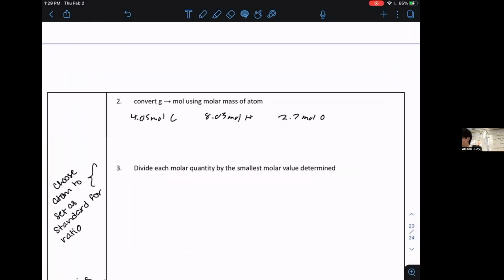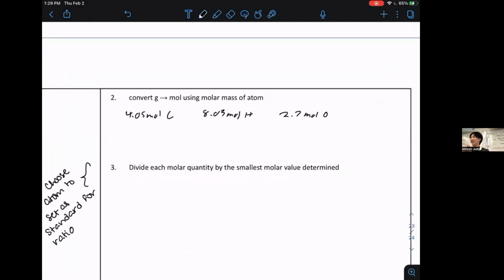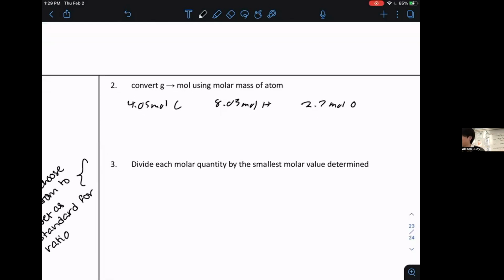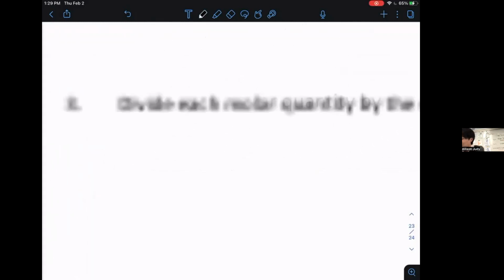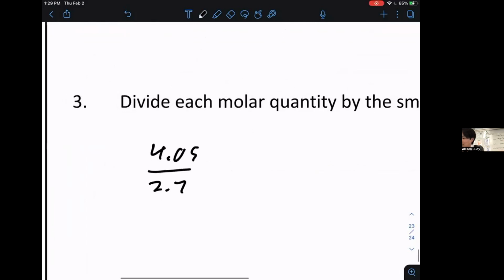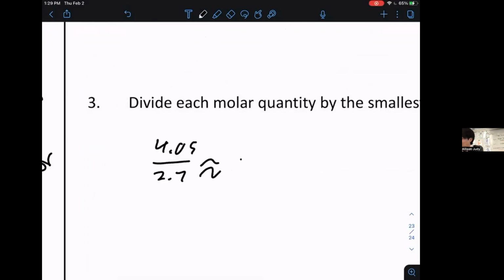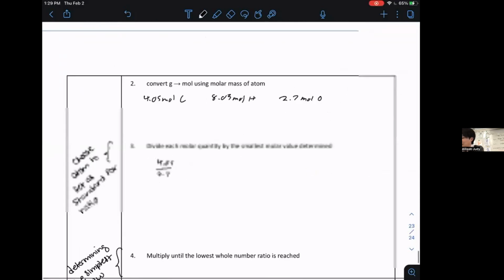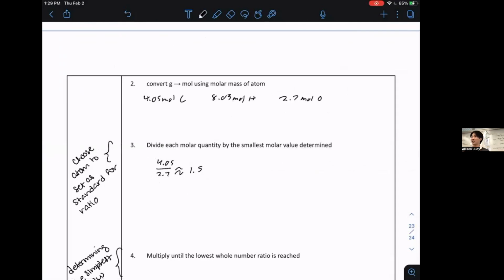After we have all these in moles, we can compare how much there actually is. The way we do this is we divide by the smallest number we are given, which in this case is oxygen, 2.7 moles. In a formula, you can't have less than one, so we divide the rest by oxygen. Starting with carbon, 4.05 over 2.7 is about 1.5, so for every mole of oxygen we have 1.5 moles of carbon.